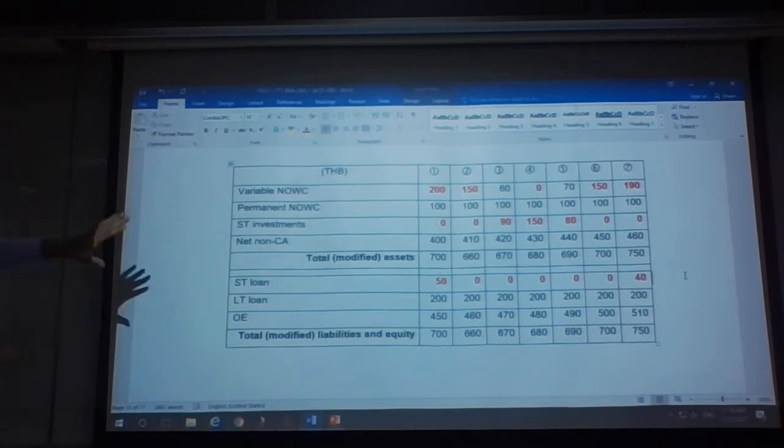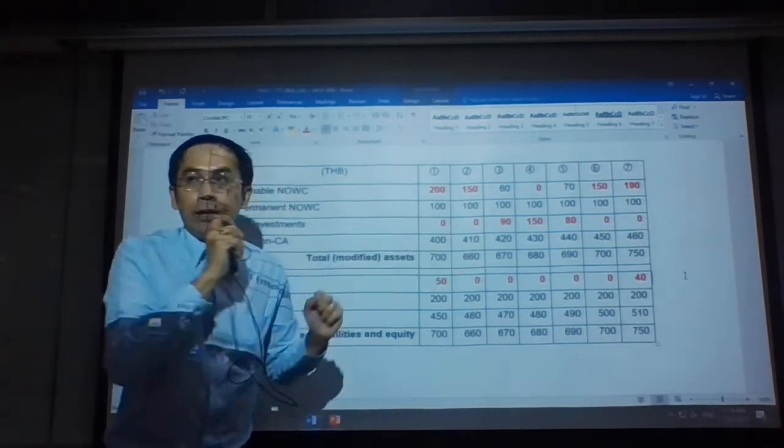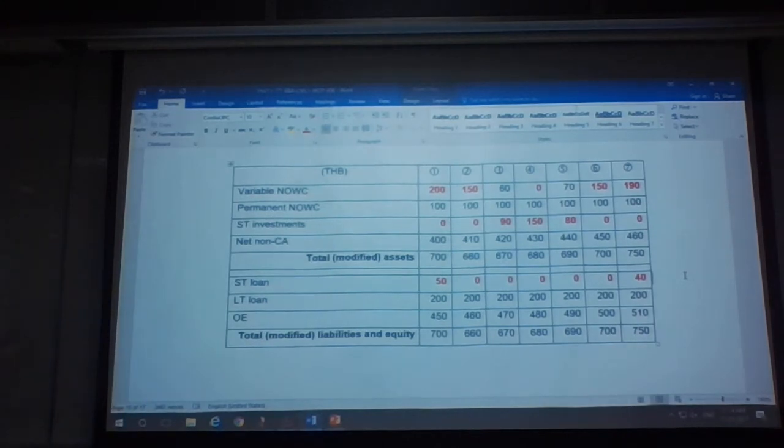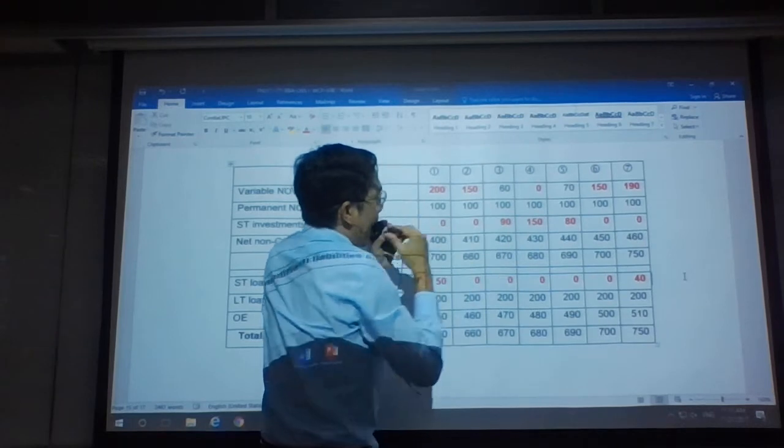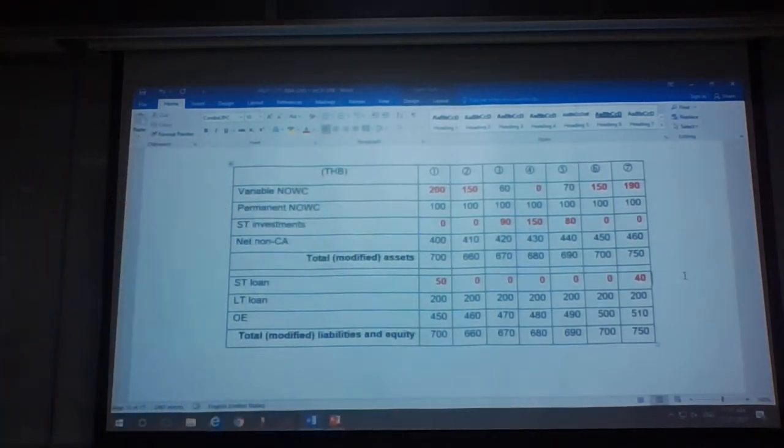You can follow the numbers here for the aggressive policy as well. But for the aggressive one, it is easier than this. This one is more difficult in the sense that whenever there is excess cash, the firm must transfer excess cash into marketable securities to earn some incomes. Okay?